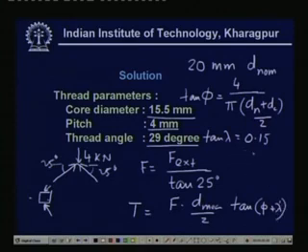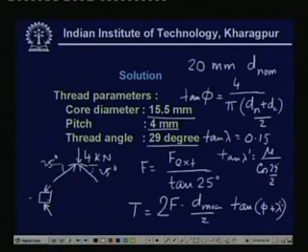Now, for the Acme thread, tan lambda dash is nothing but mu divided by cosine of theta by 2, that is 29 degree by 2, and when you calculate that, you get the value of the torque. But there are two threads which are opposite handed, and therefore, the total torque will be equal to double of that.